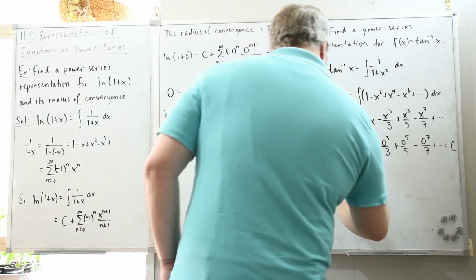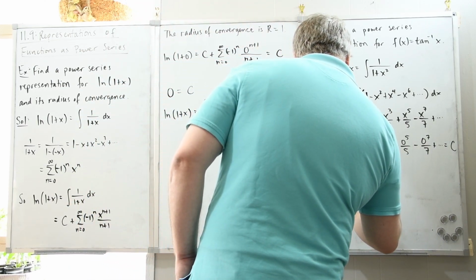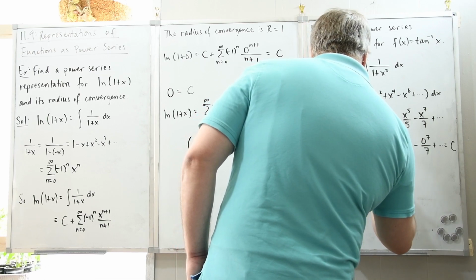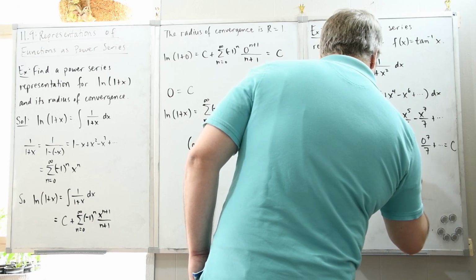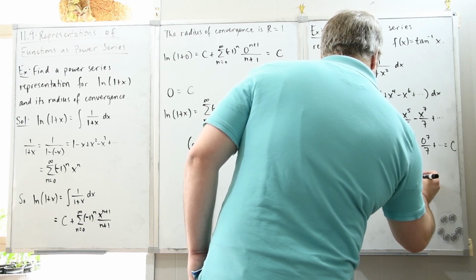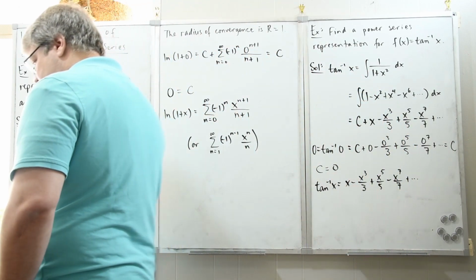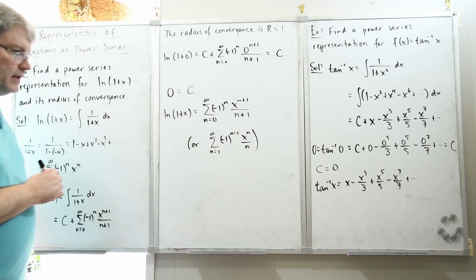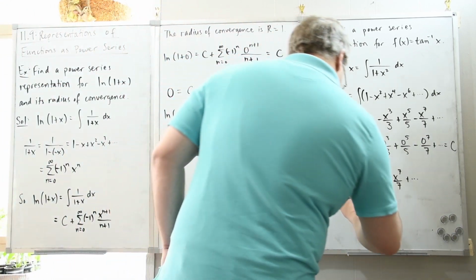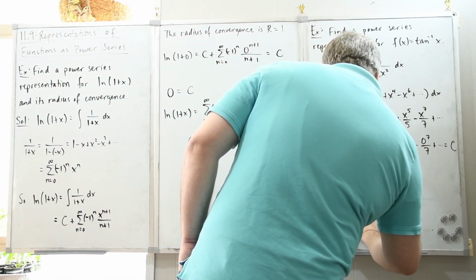So our inverse tangent of x is x minus x cubed over 3 plus x to the fifth over 5 minus x to the seventh over 7 and so forth. But let's keep in mind that if we want sigma notation for this, then we're going to need a sign change mechanism.